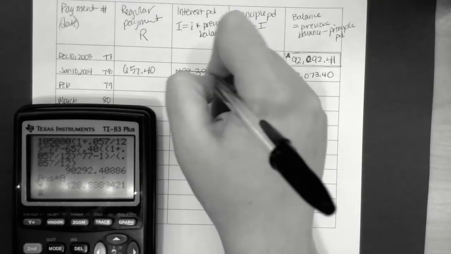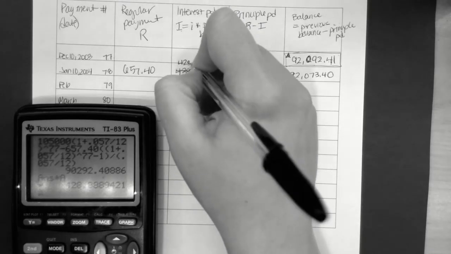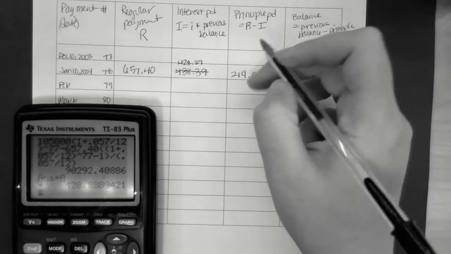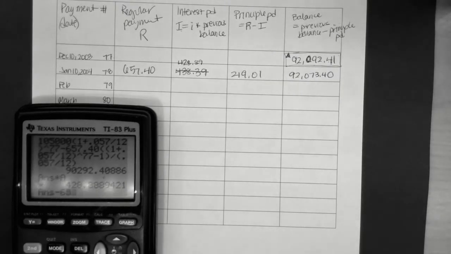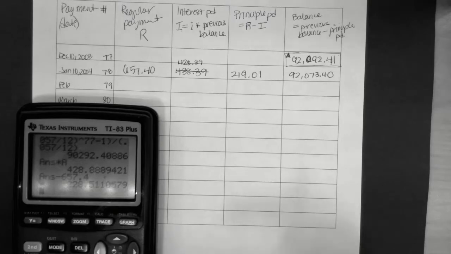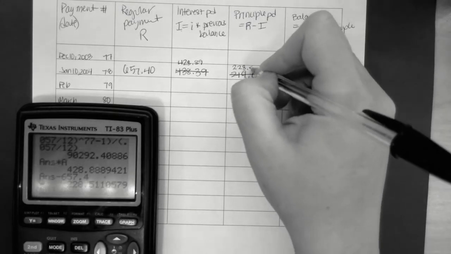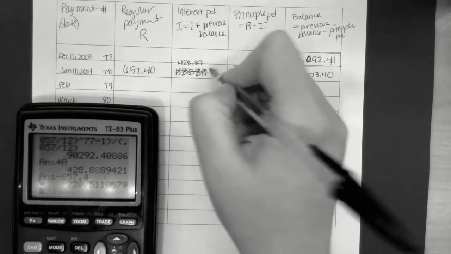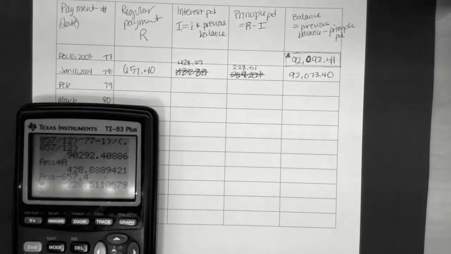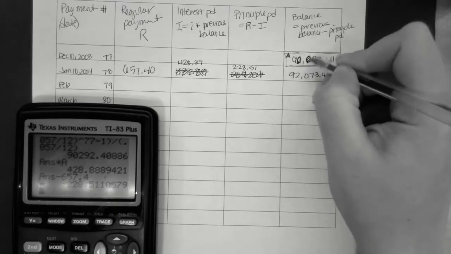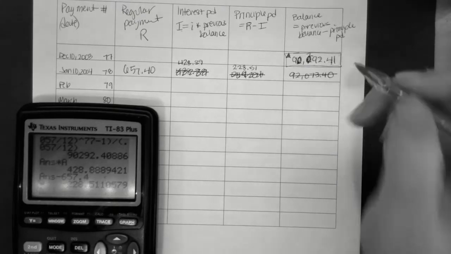So this is 428.89. This is 228.51. Sorry about that. This is a 0. This one was a 2.